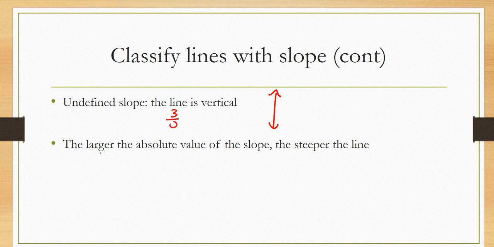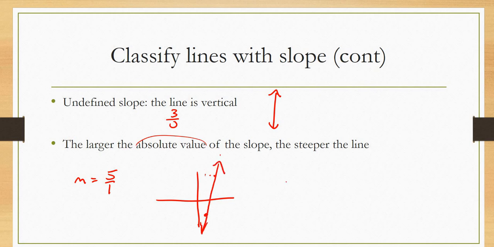And the last thing we want to talk about is the absolute value of the slope. Absolute value means just the value of the number. Don't care if it's positive or negative. A slope of 5 over 1 would be very steep. A rise of 5, from this point I would go up 5 and to the right 1.